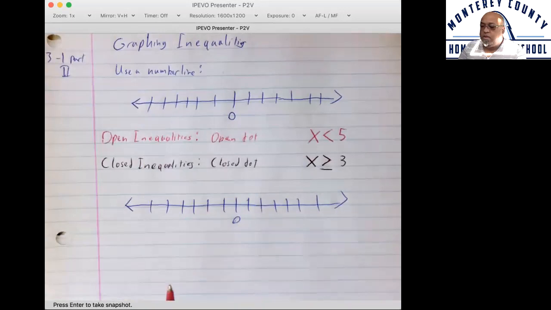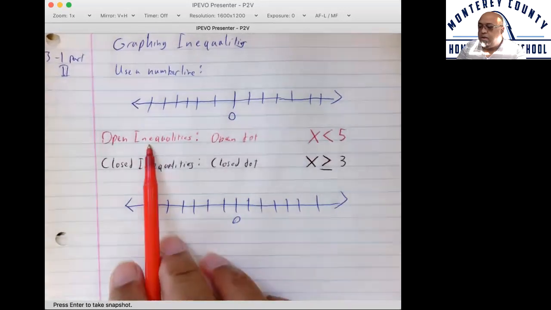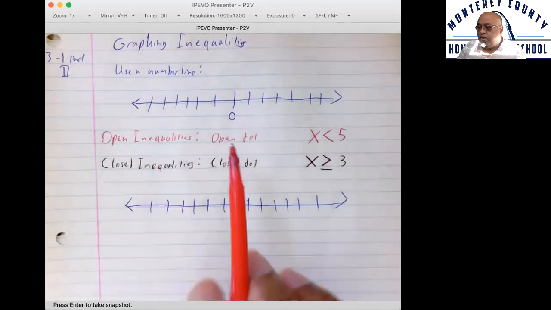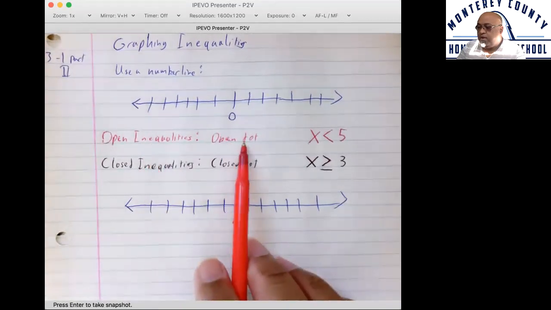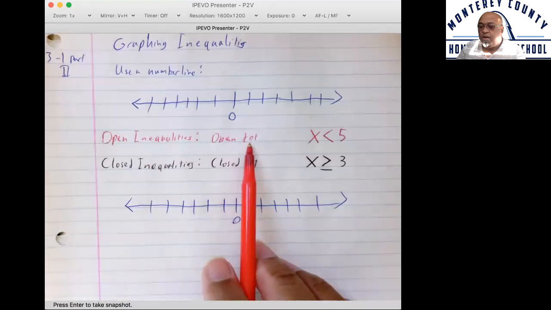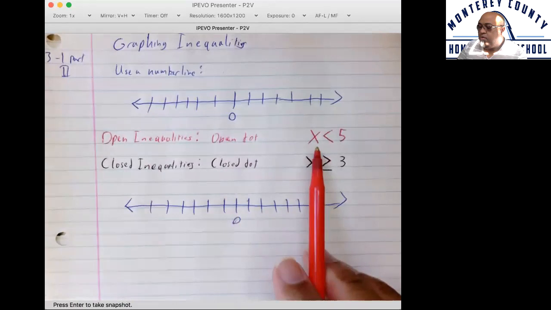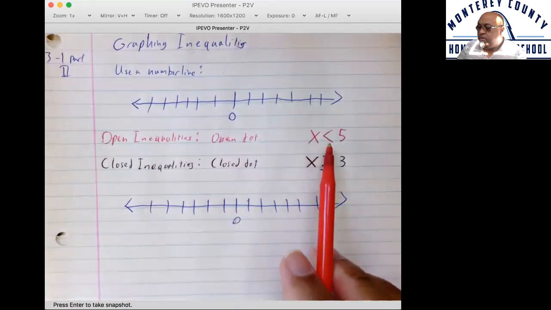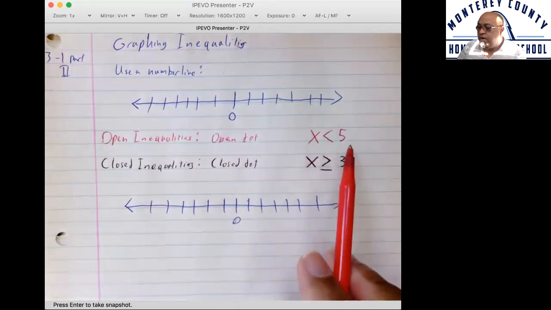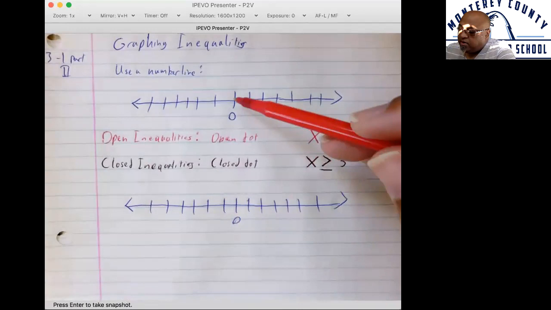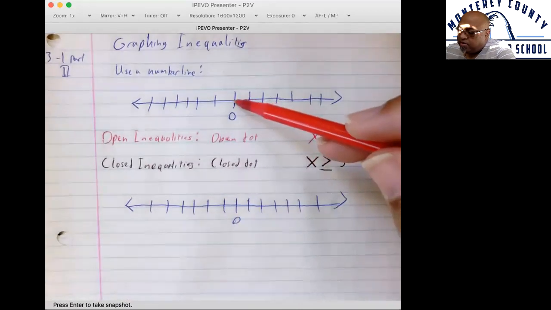Now, an open inequality is one that represents an open statement, and for that purpose, we also have what's called an open dot. So the open inequality, x is less than 5. Here's how we would write this. Starting on our number line, you go to the number that is being compared to the variable.